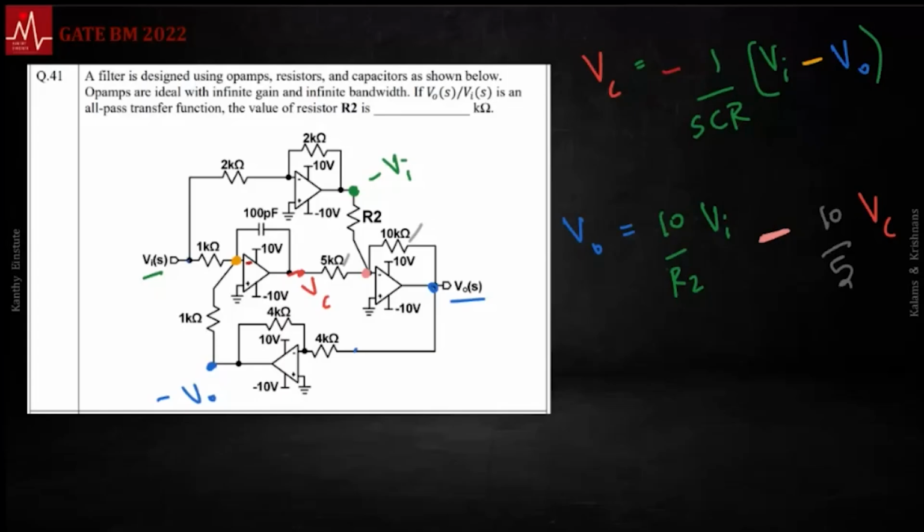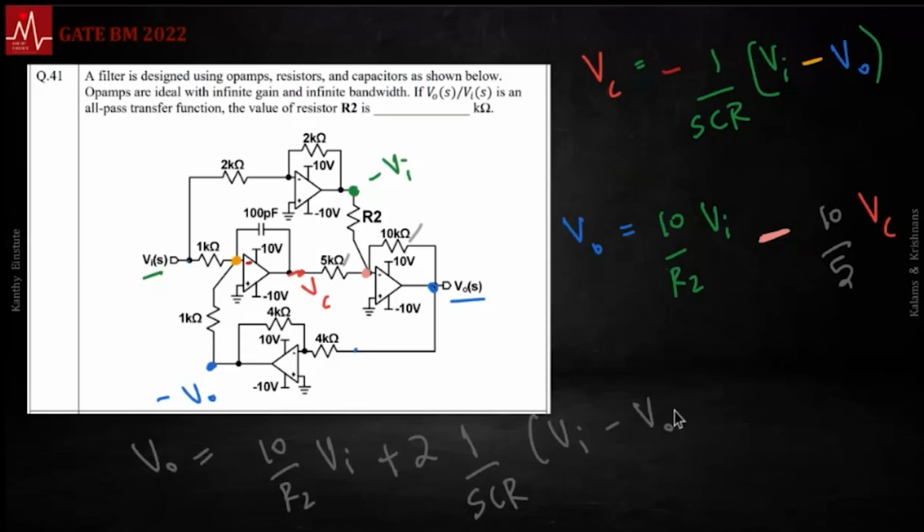Now let's simplify this. So you have V naught equals 10 by R2 into VI minus VC, and VC is 1 by SRC into VI minus V naught.